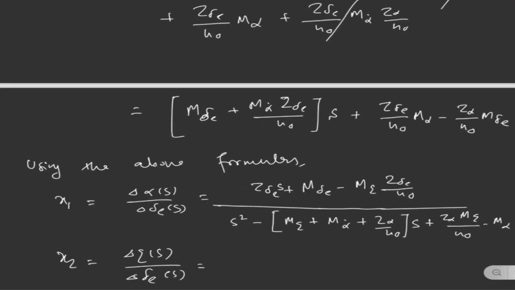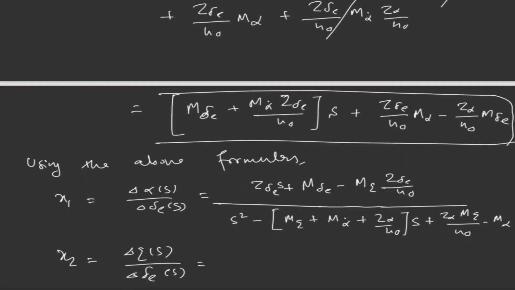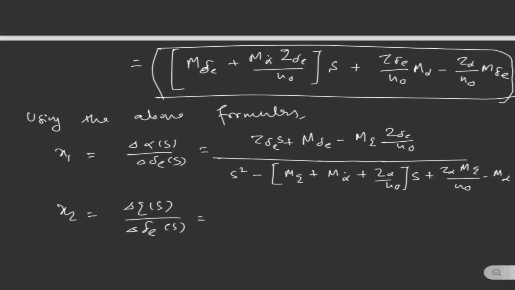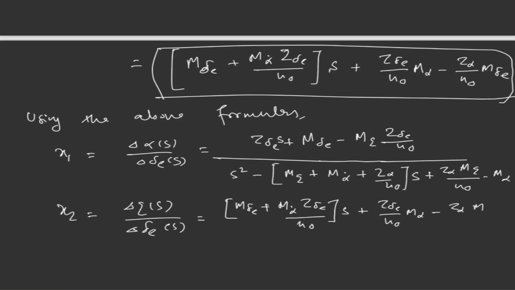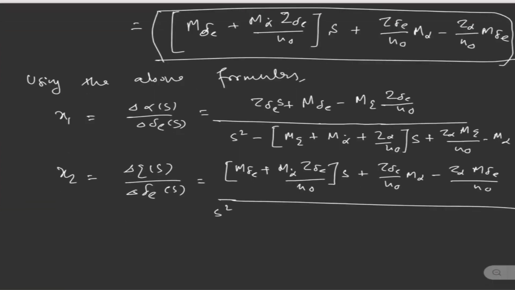The numerator part will be this one: M delta E plus M alpha dot G delta E divided by U naught into S, plus G delta E divided by U naught M alpha minus G alpha M delta E divided by U naught, divided by the total determinant: S square minus M Q plus M alpha dot plus G alpha divided by U naught into S, plus G alpha M Q divided by U naught minus M alpha.